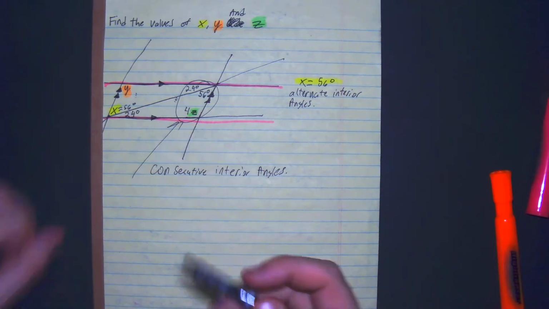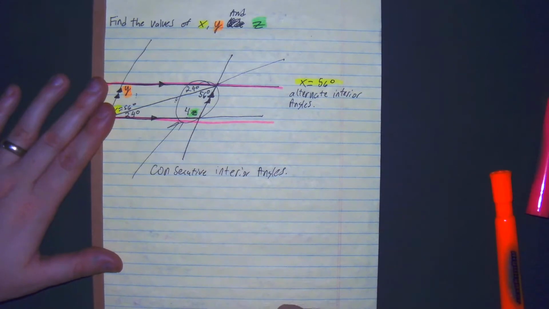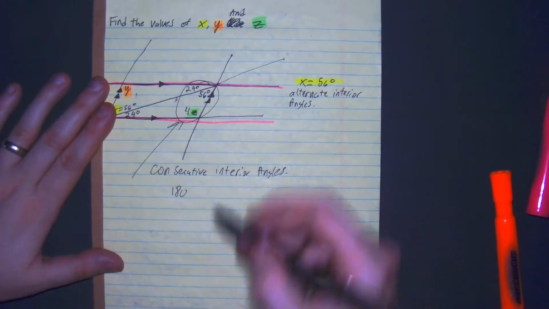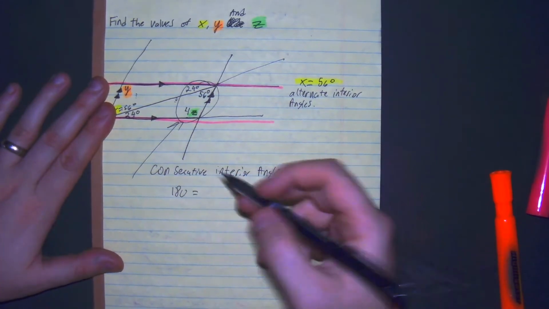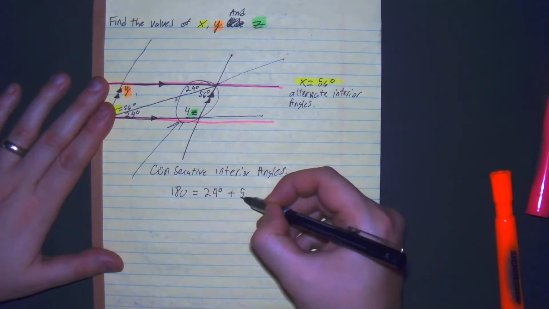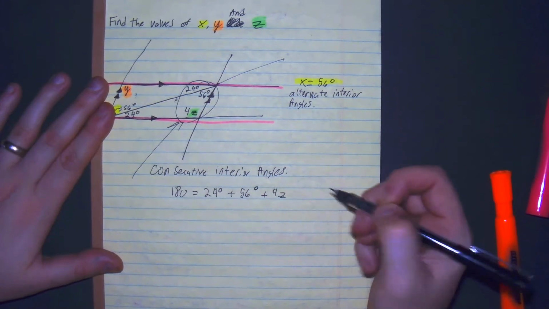Alright, so what we have here first, supplementary to each other. Let me finish this first, okay? So we have 180 is equal to 24 degrees plus 56 degrees plus 4z.